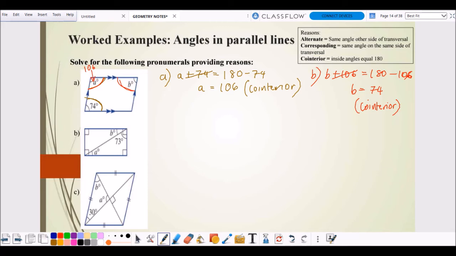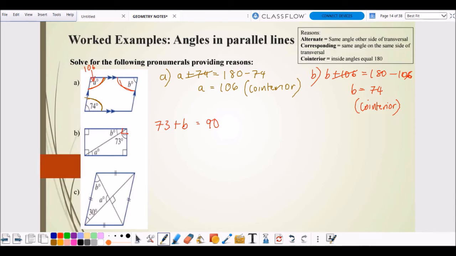Now, if you have a look at this angle here, what should it equal altogether? 90. Always has to equal 90. So I might write 73 plus B, it should equal 90. Now have a think. Does anyone remember what we used to prove that something was 90?